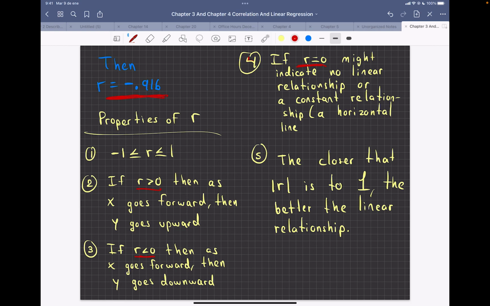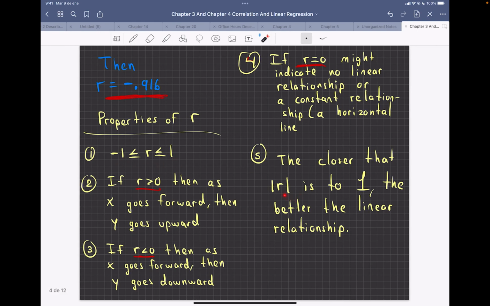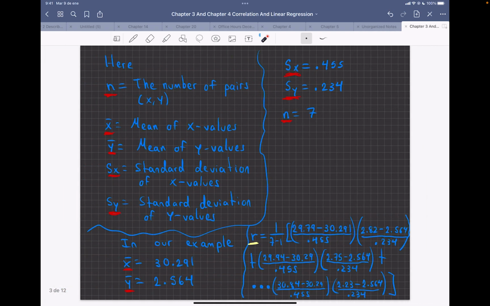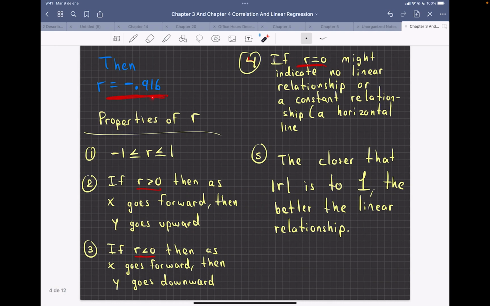So in other words, the closer r is to either -1 or 1, that means the absolute value is very close to 1, the better the linear relationship. In our example, we got r equal to -0.916, all right? So this means that it's very close to -1.